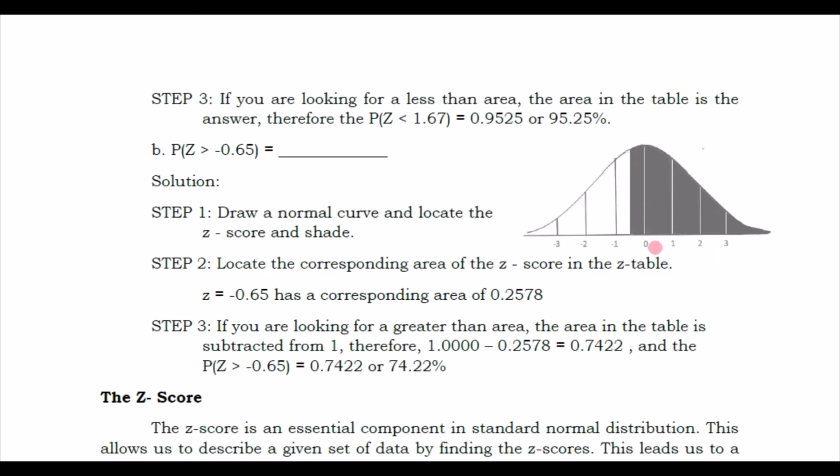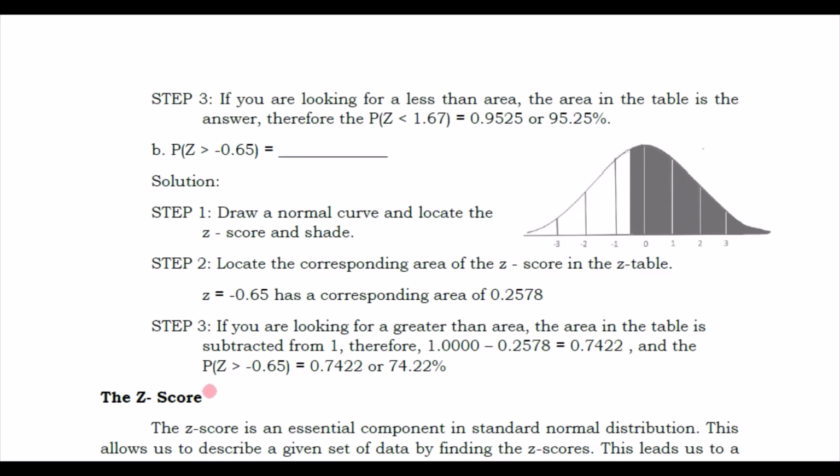Okay? So, paano yung gagawin natin? So, alam naman natin na area under the curve, yung buong area na yan is equal to 1. So, all we have to do is to deduct 0.2578 from 1. So, i-minus natin. So, 1 minus 0.2578. So we have 0.7422 as the area of this distribution.